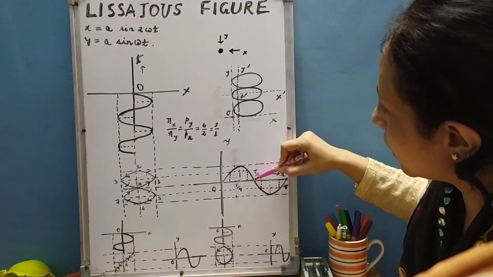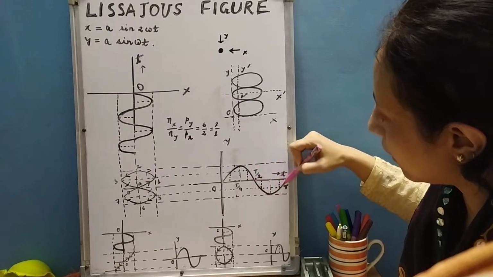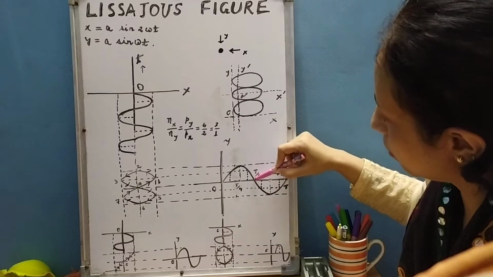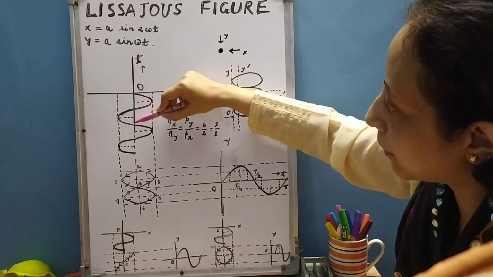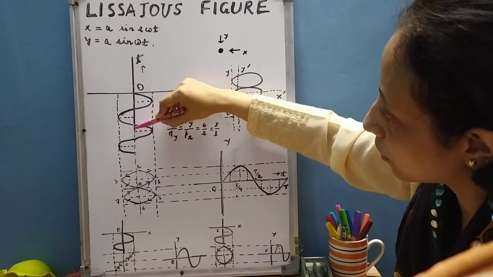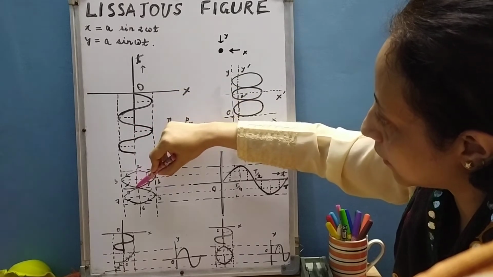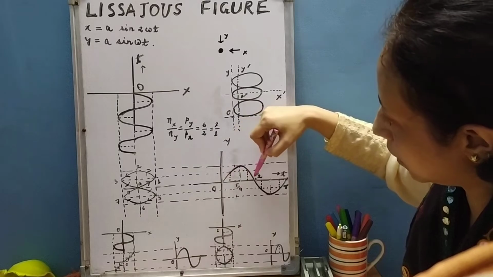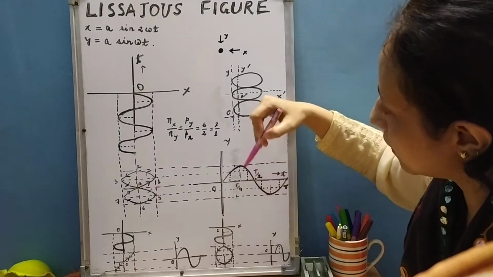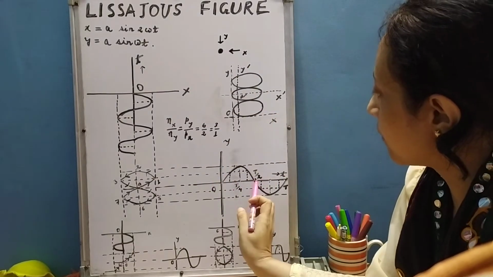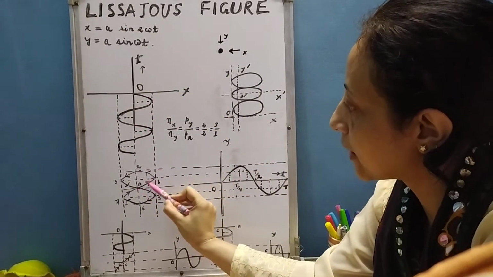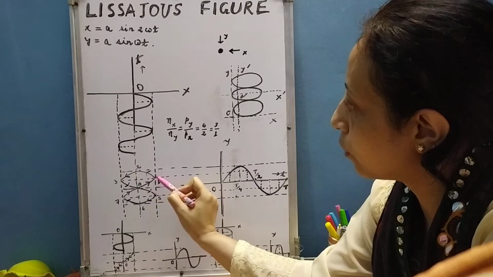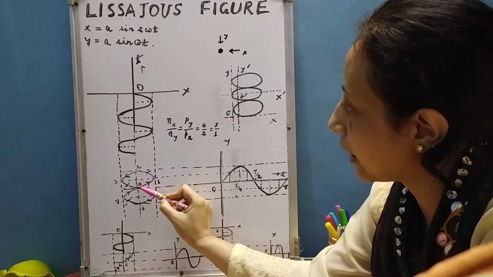The next position is the half cycle of the Y vibration, and by that time the X vibration completes a full cycle. So here they meet at this point again, which is the starting point. Here a half cycle is completed, here a full cycle is completed, so the loop is completed. From 0 to 1, 2, 3, and it comes back to 0.